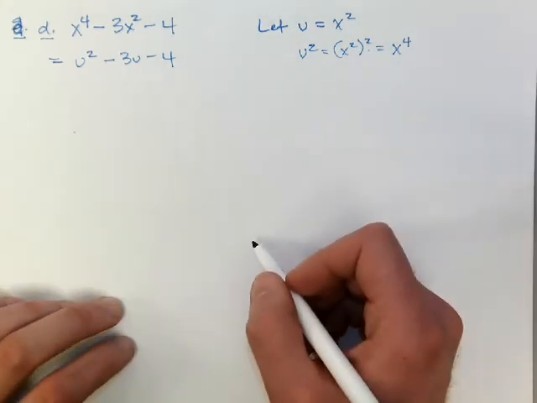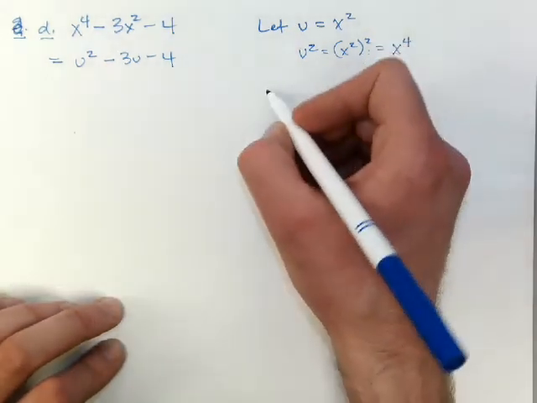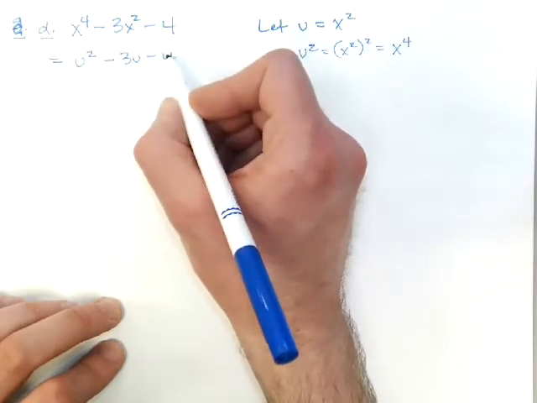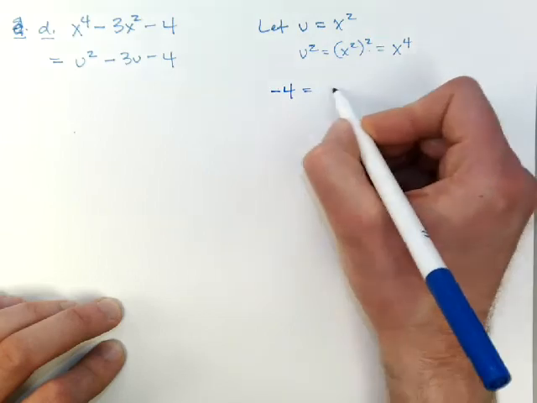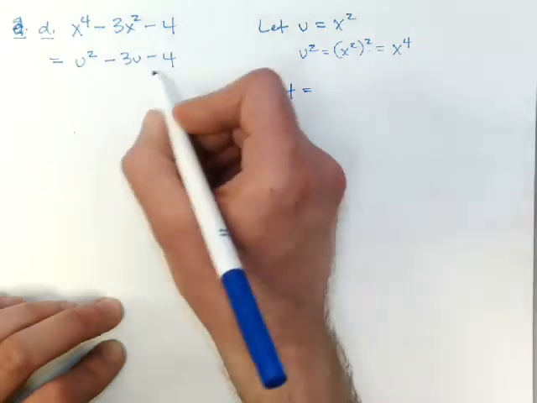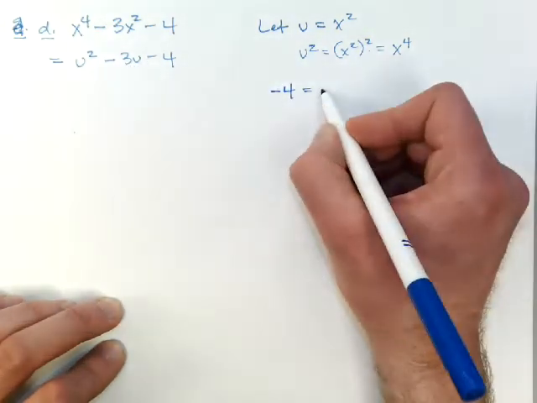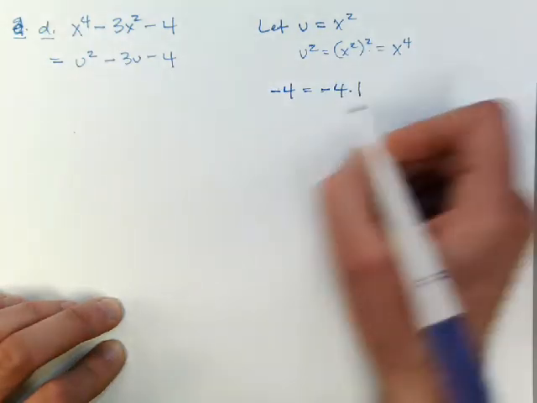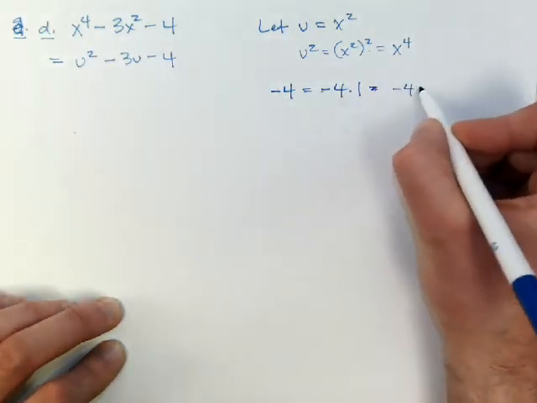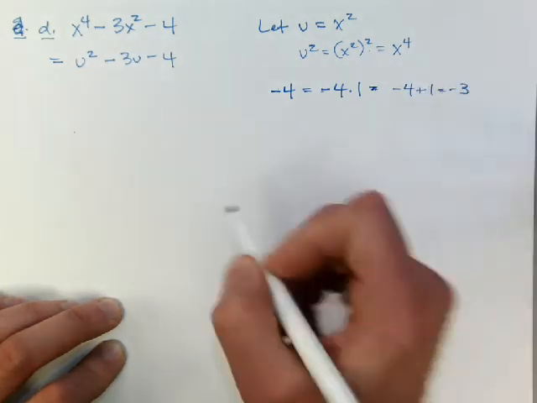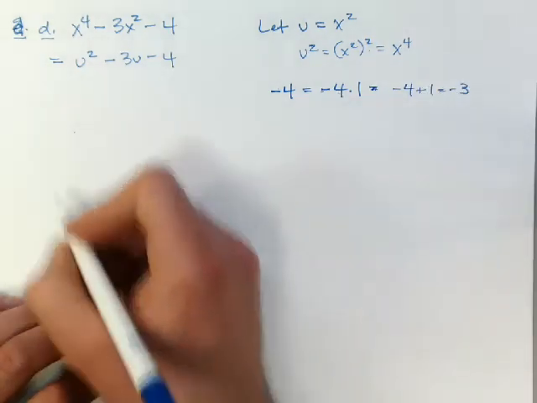So now we just need to look at, okay, what are the factors of -4 that are going to add to a -3? Well, it's going to be the one where the negative factor is bigger than the positive factor.